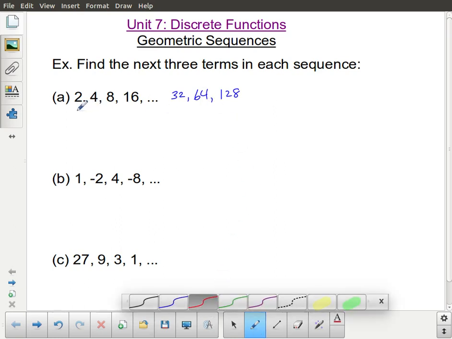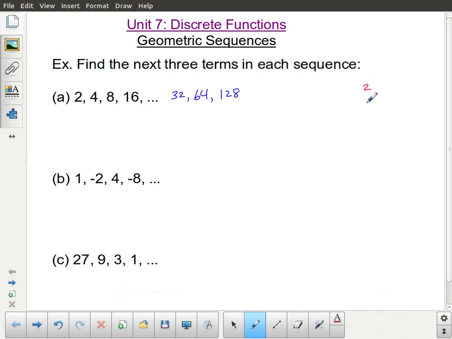If we took a look at first differences here, we would be disappointed, because of the values we would get. Over here in my rough work: 2, 4, 8, 16, 32, etc. 4 minus 2 is 2, 8 minus 4 is 4, 16 minus 8 is 8, 32 minus 16 is 16.